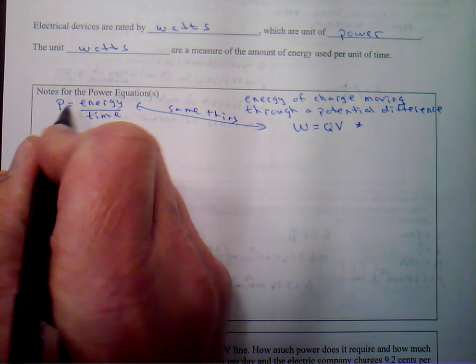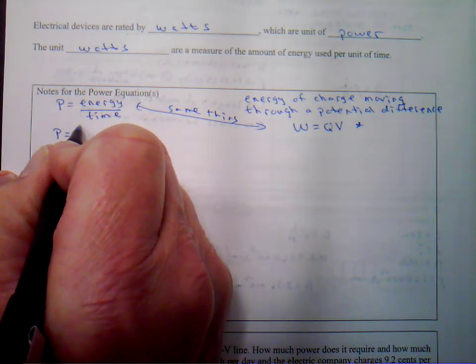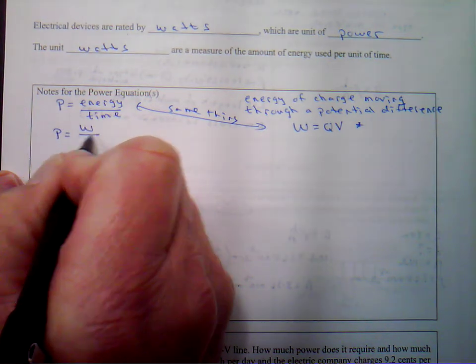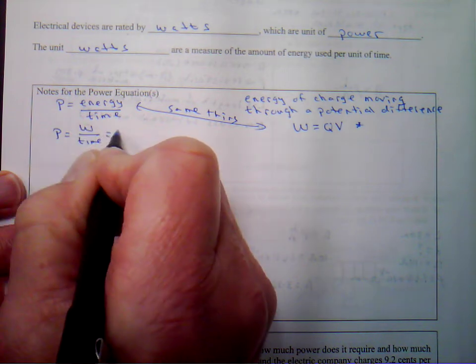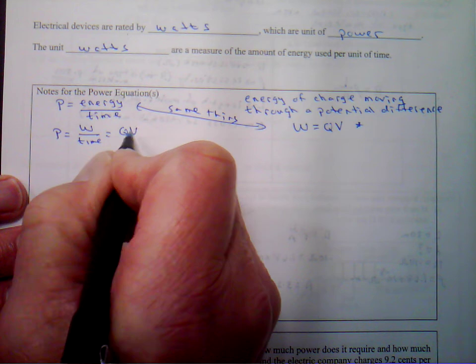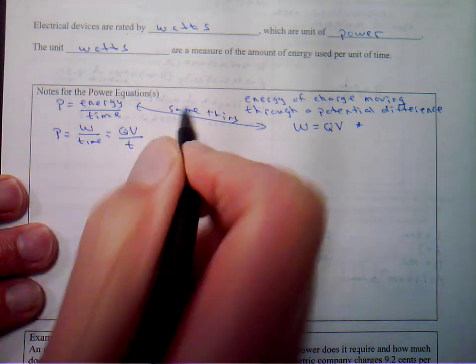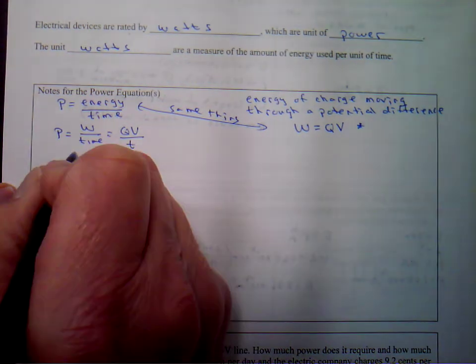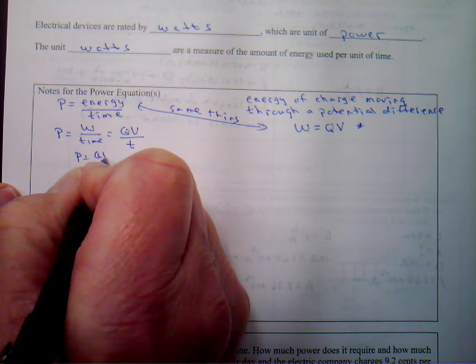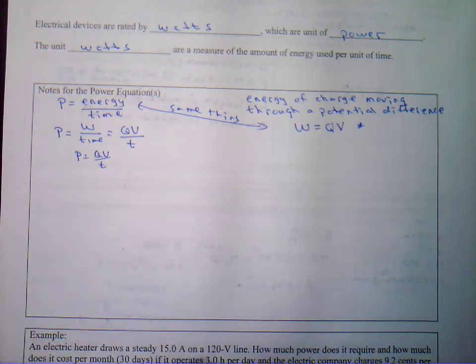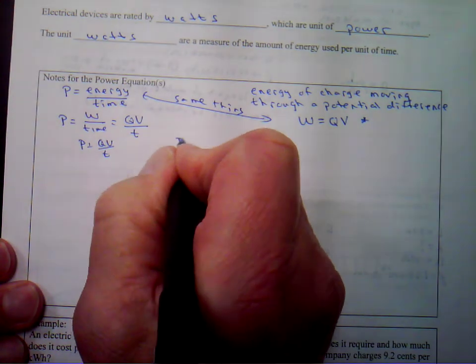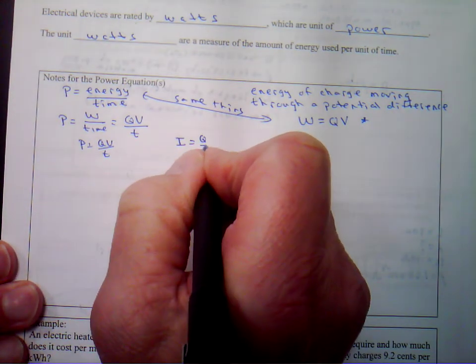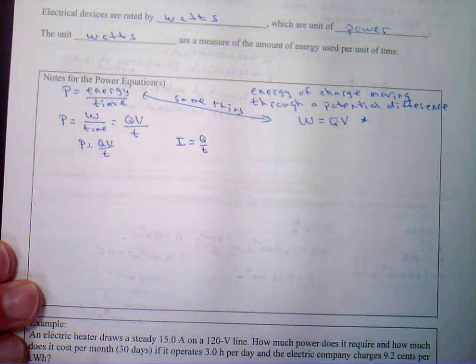So we're going to take this equation. This is going to be work over time, but we're going to use work in terms of QV over time. So this is a power equation, QV over T. Now remember, we know that current is equal to charge over time.